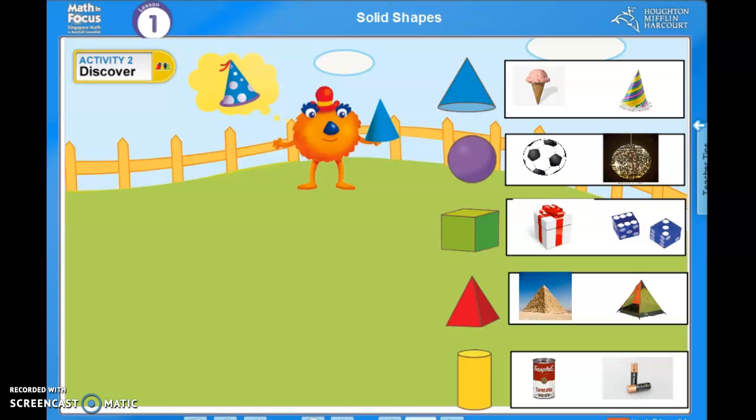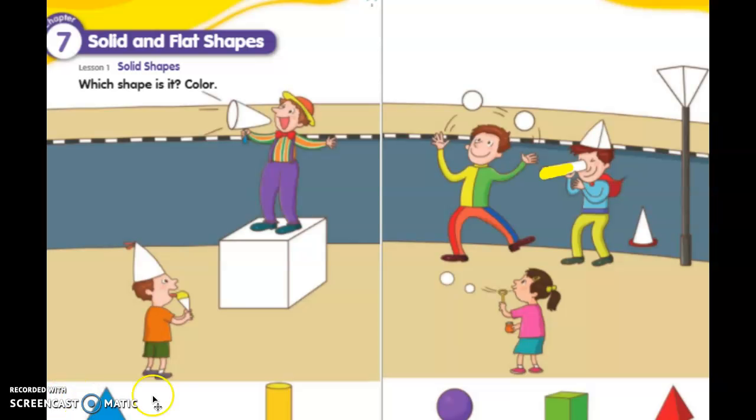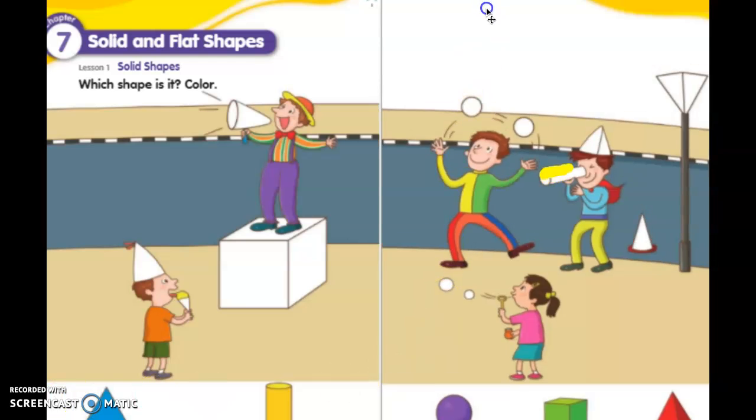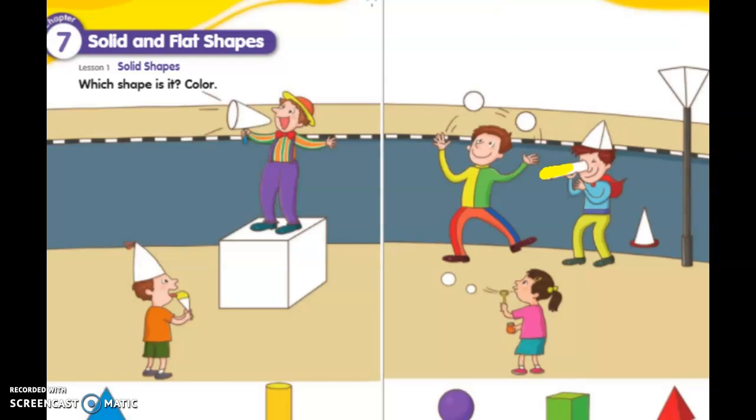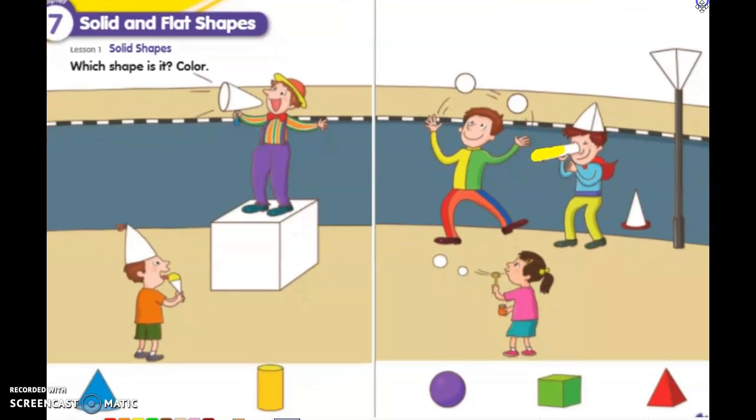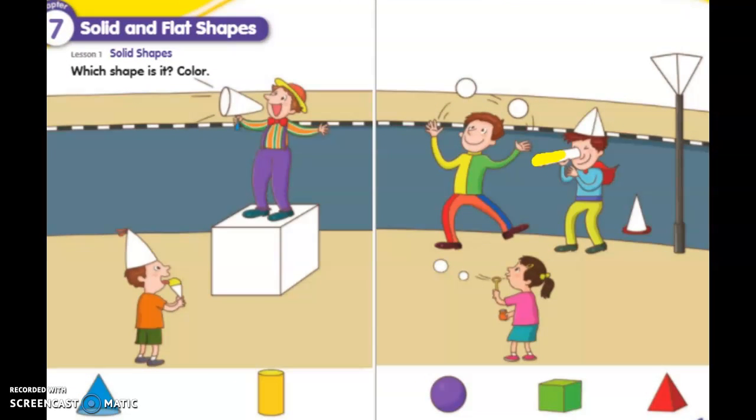All right, I need you to get your math packets out, and we are going to do the first page of your math packet. And Mrs. G could not do it in color, so we are going to go through the colors really quick.